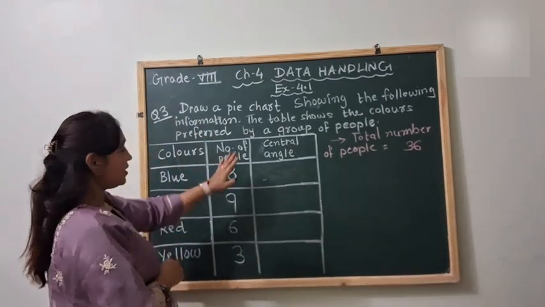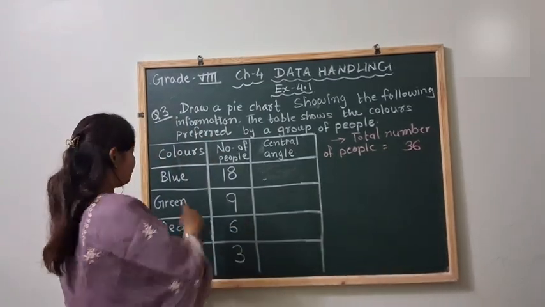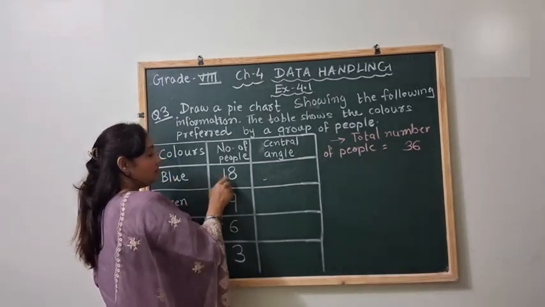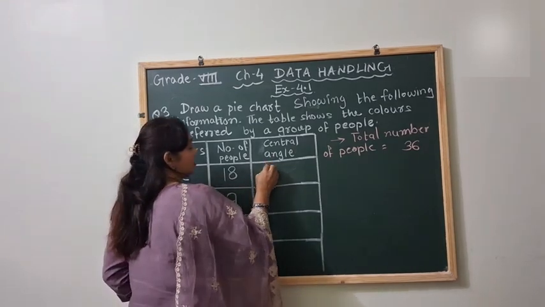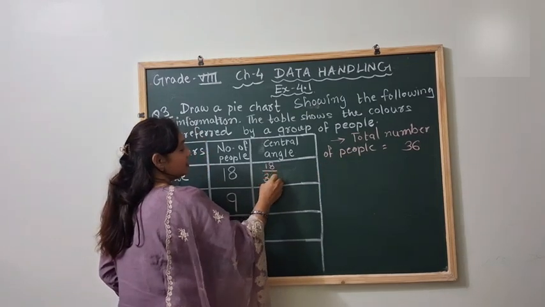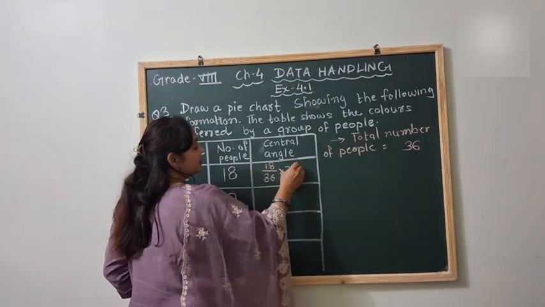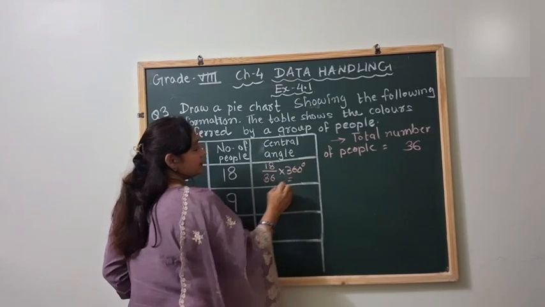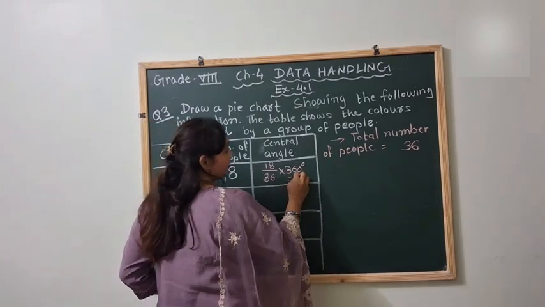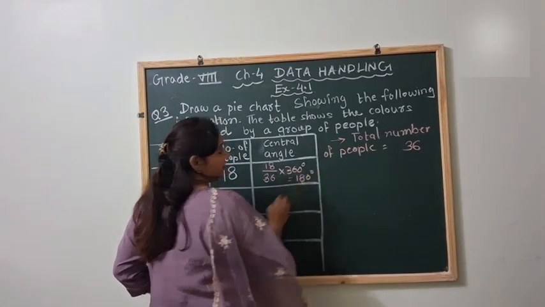Now here we will find the central angle for each color. For blue, the formula is the number of people who liked blue divided by the total number of people, 36, into 360 degrees. If you find the answer here, 36 goes into 360 ten times, so 18 into 10 is 180 degrees.